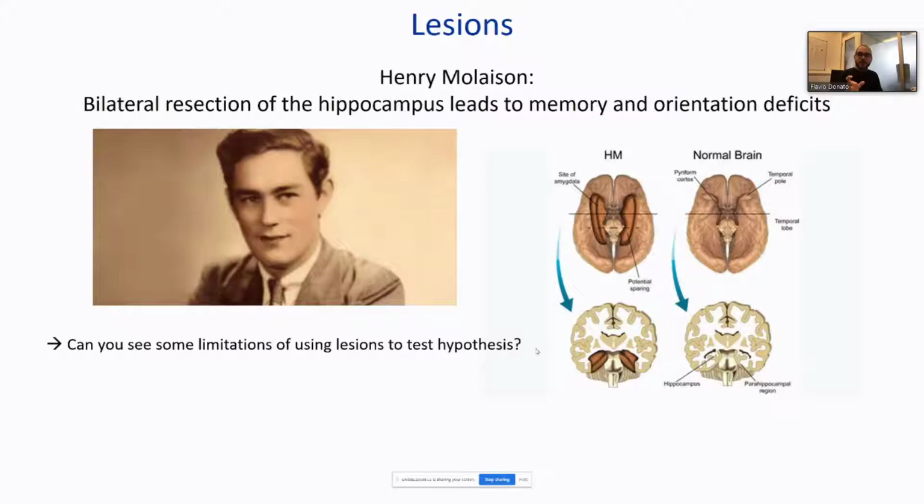But there are a few limitations that are correlated to the manipulation itself that are really upsetting. So I said before, you go with a knife or you go with a toxin or with a drug or whatever you want to do and kill. Do you think you would be able to control what you do in a laser sharp and precise way?